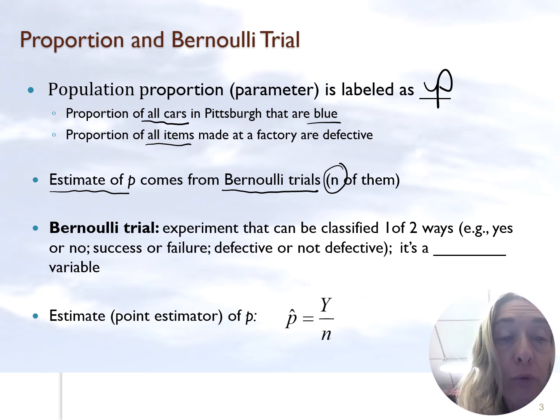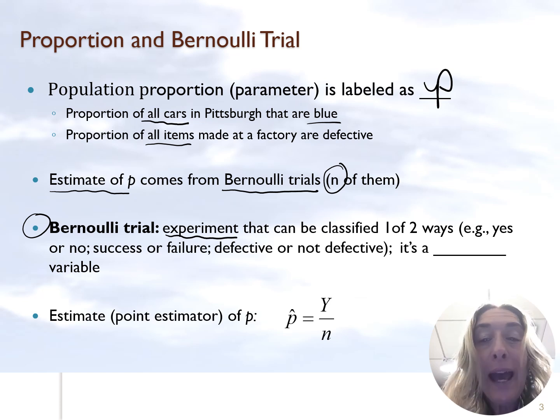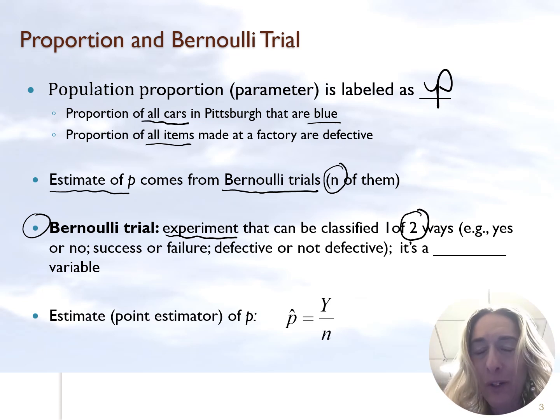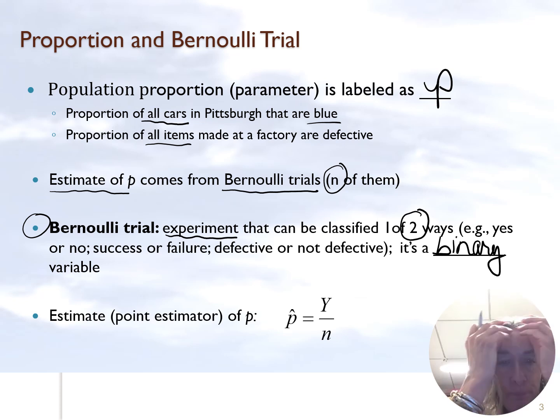A Bernoulli trial, then, is an experiment, or if you want to think of it as a variable, that can be classified in one of two ways. Sounds familiar, we just talked about this. For example, yes or no, success or failure, defective or not defective. So in essence, it's a binary variable, one of two ways.